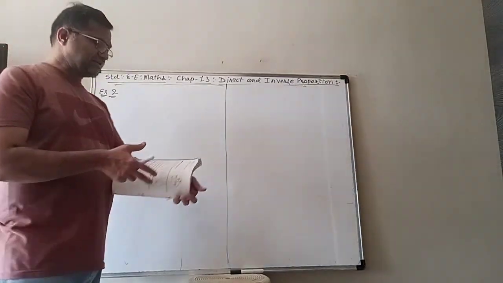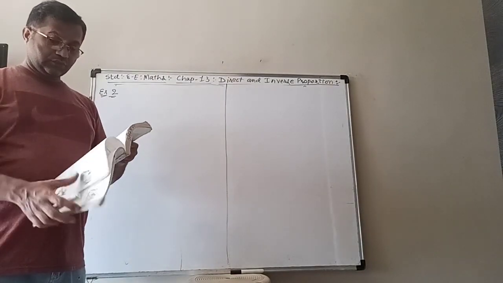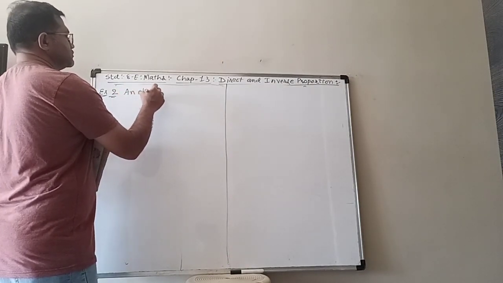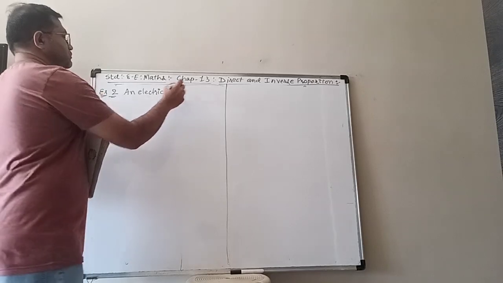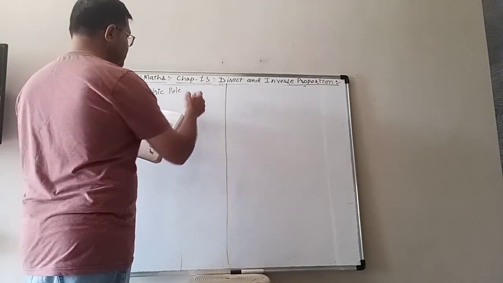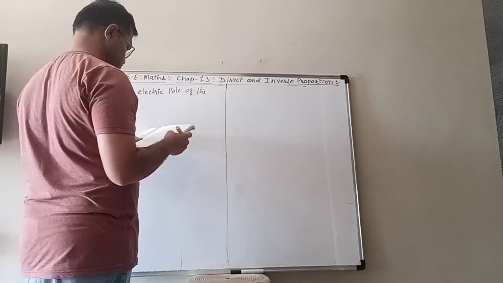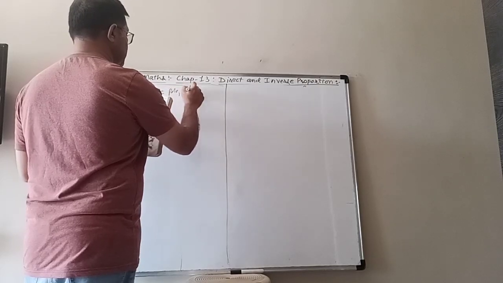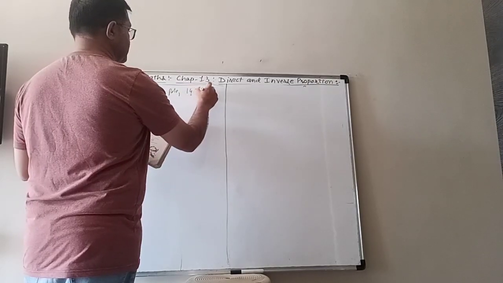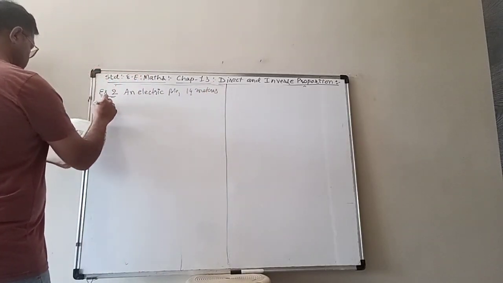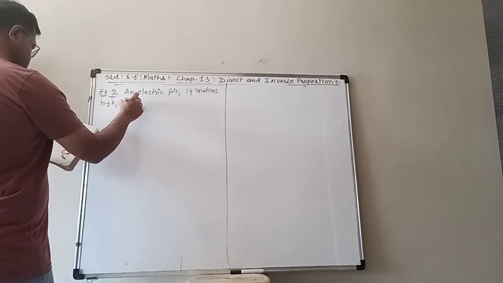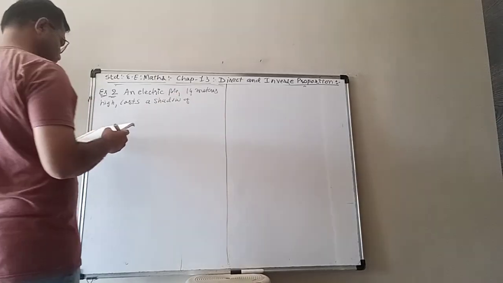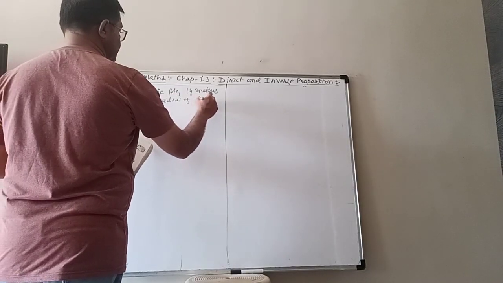Now let's take another example in which an electric pole 14 meters high casts a shadow of 10 meters.